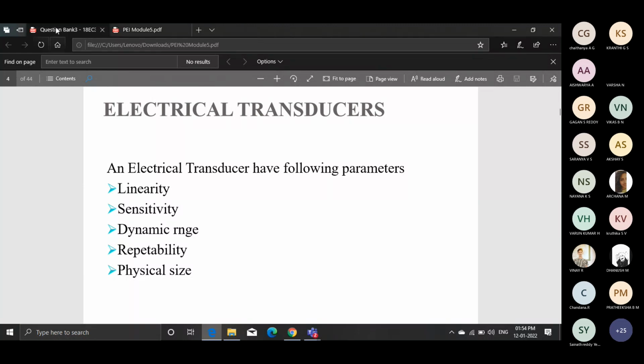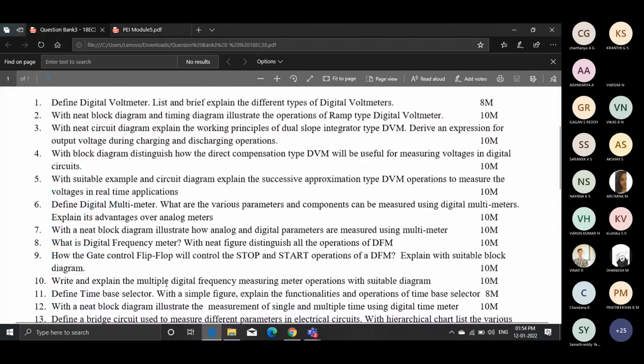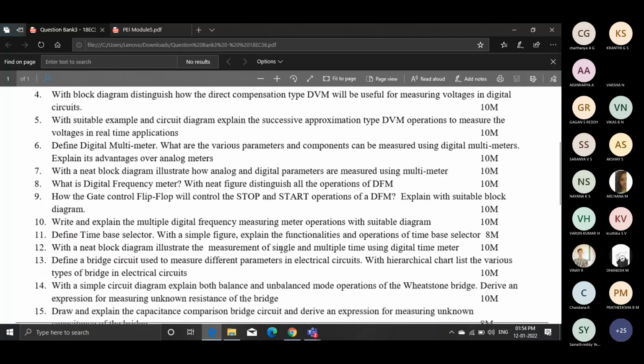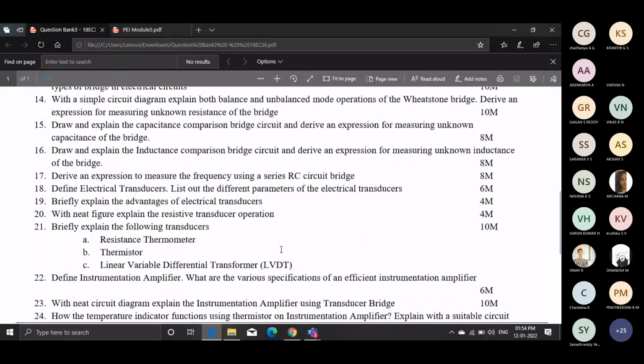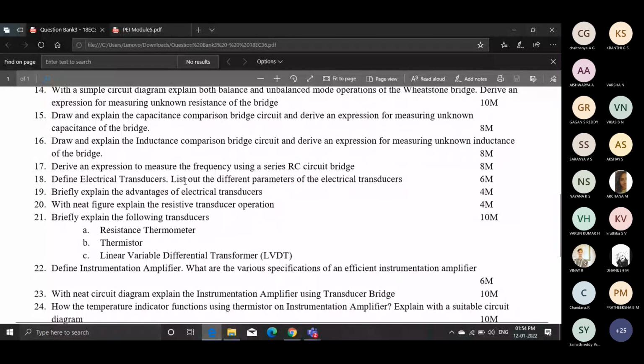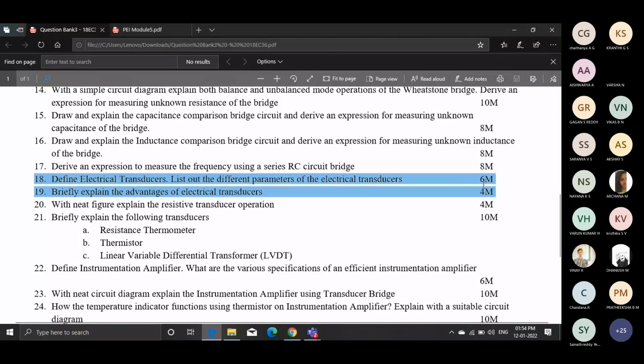A question is also here. I'll show you that. Let me go directly to electrical transducers. Question number 18: define electrical transducer. List out the different parameters of the electrical transducers. The question says define electrical transducers and list the different parameters of the electrical transducer.